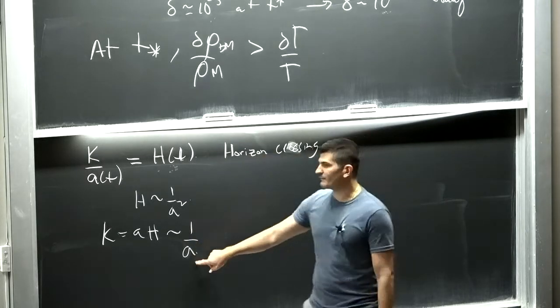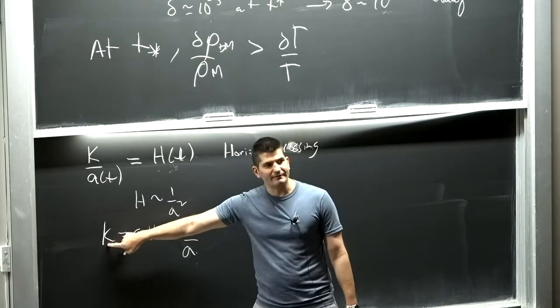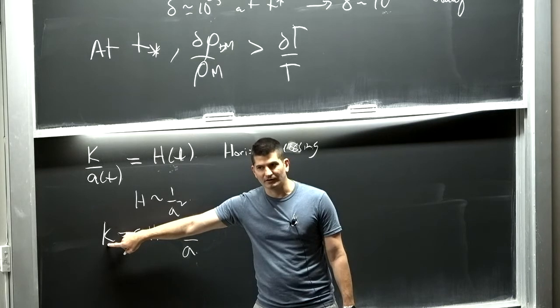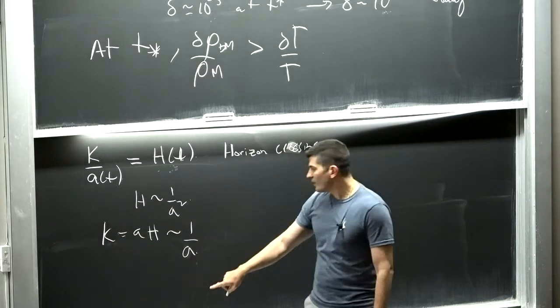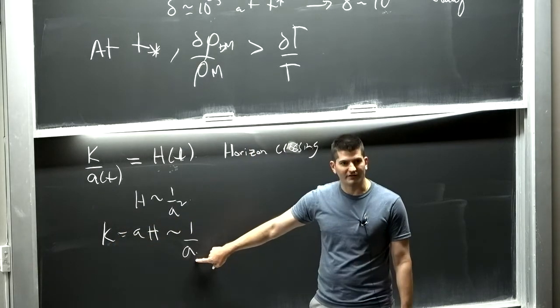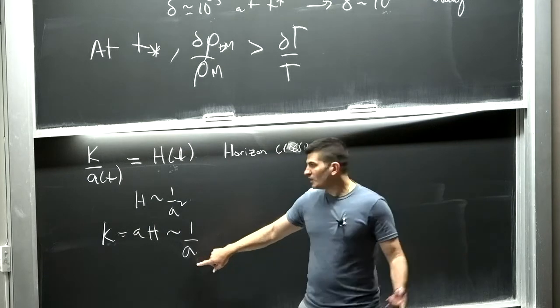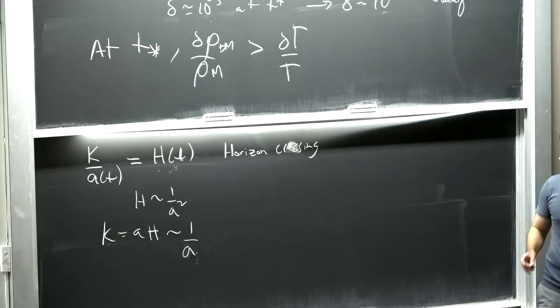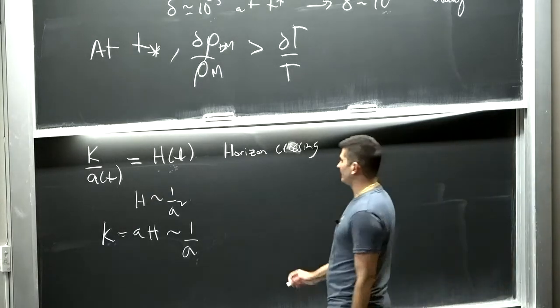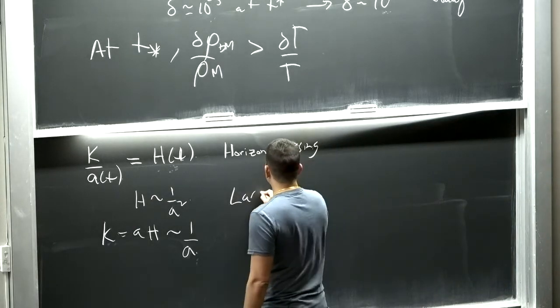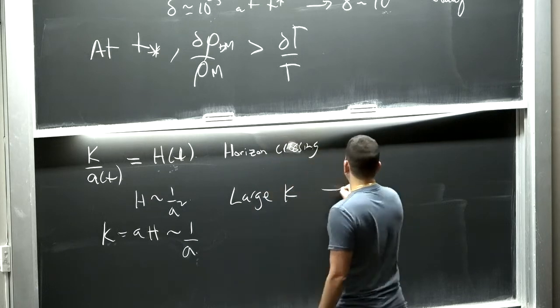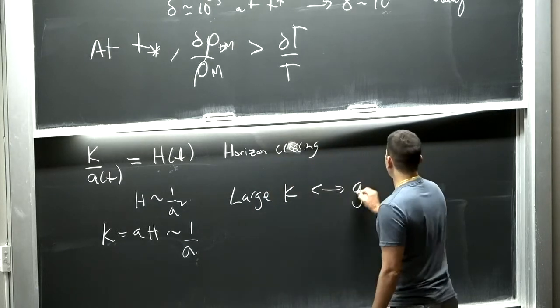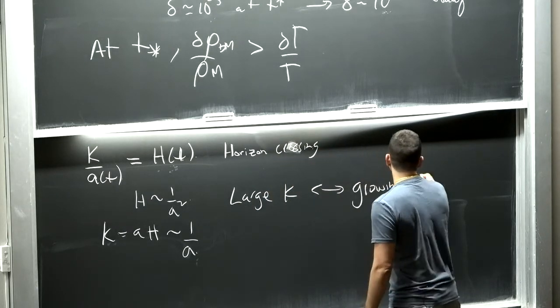So as time goes on, smaller wave numbers come inside the horizon. So the bigger the wave number, the smaller the value of a when it crosses the horizon, the earlier in time. So the things that had the longest to grow, the things that have been growing for the longest, have bigger k. So larger k is the same as growing for longer.